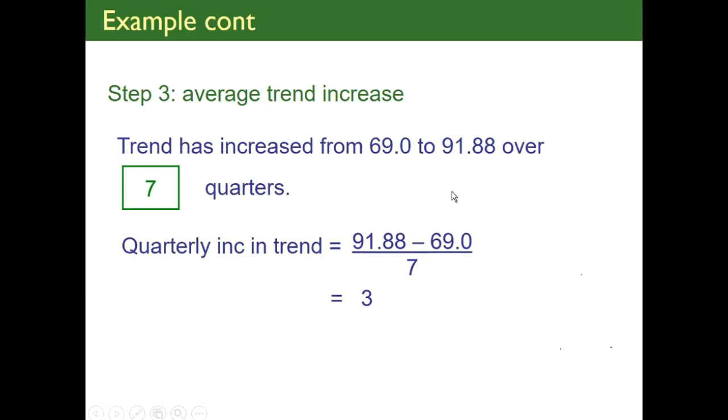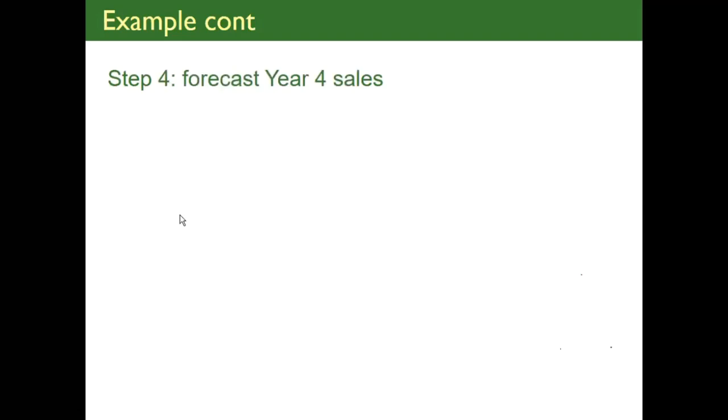Now we forecast year 4 sales. This is the question, because they gave us the data for 3 years and we have to calculate the sales in year number 4: quarter 1, quarter 2, quarter 3, quarter 4. So in year 4, quarter 1, you've got trend values. You calculate the trend values by adding 3 each time, and you multiply it with the seasonal variations and you get your forecast sales.